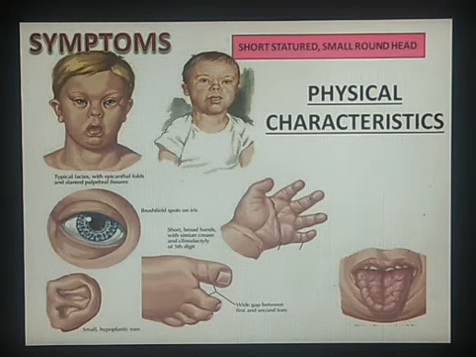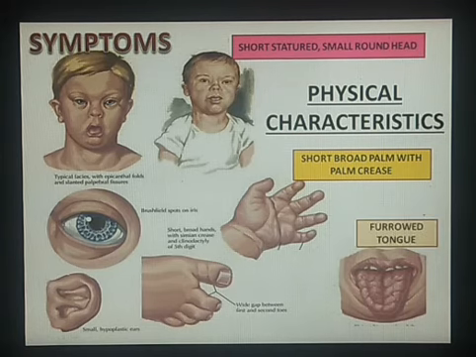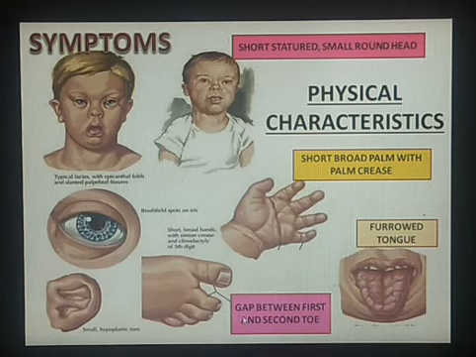They will be short-statured and they will have a small round head with a flat back. Their palm will be short and broad with a palm crease on it. They have a furrowed tongue, and there will be a gap between the first and second toe.